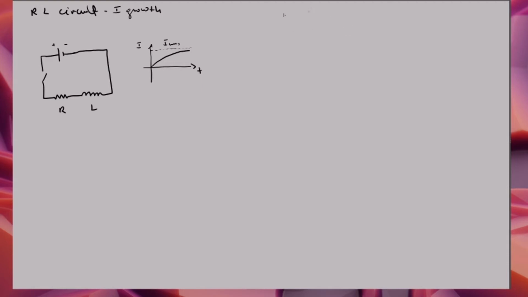The second type of the circuit that we'll look at, it's still RL, but this would be current decay. So I decay, current decay. And in this case, what you will have is a setup where, let me see what I need in here.